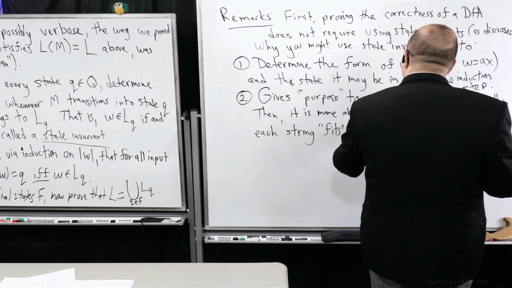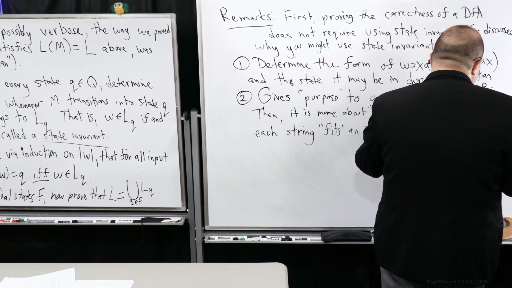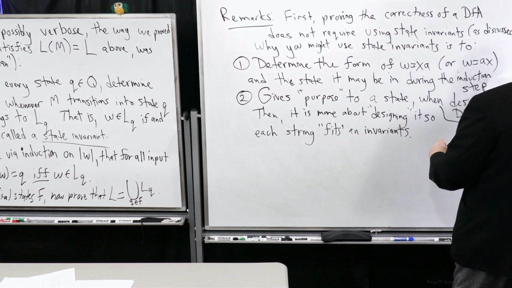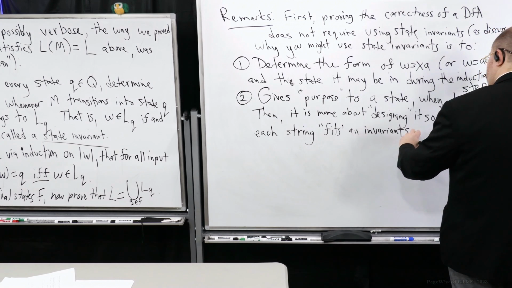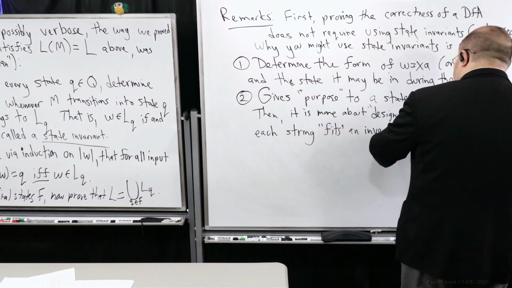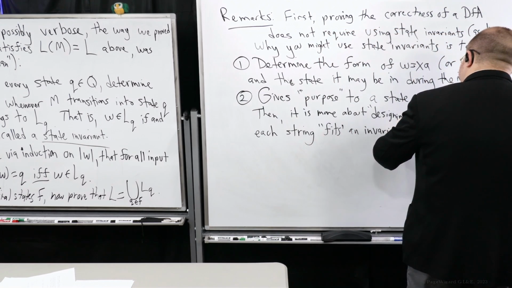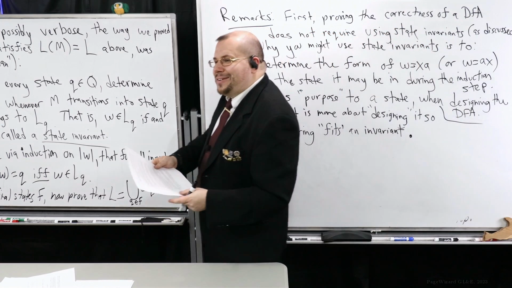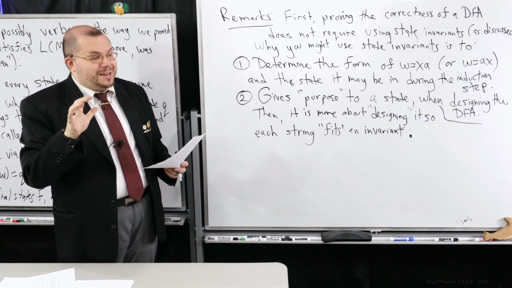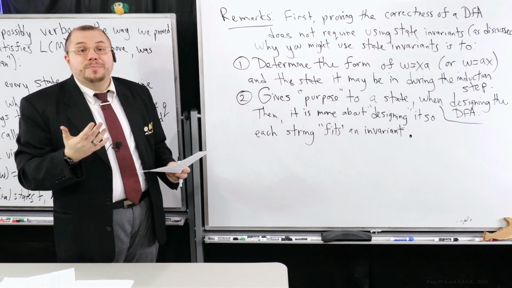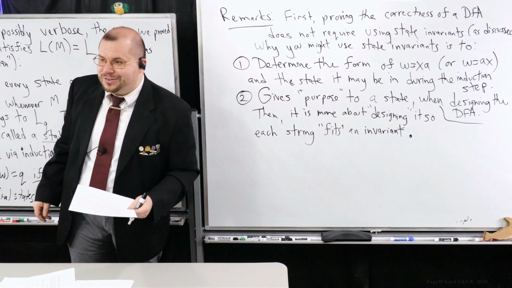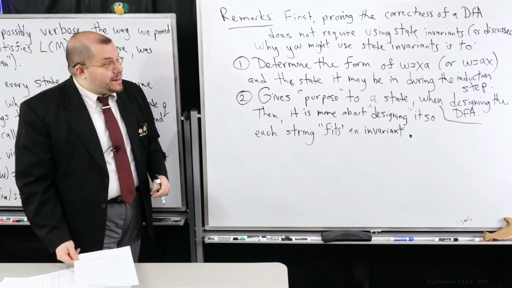You don't want to have it where one string maps onto multiple invariants. You want to avoid having more than one. Each string fits an invariant. I should be clear, because you don't want it to satisfy three of them, then you aren't sure which state it might be in, and you have to exhaust those possibilities potentially, or it may be too hard to tell using induction what's going on, depending on what your DFA is like. Either way, it's going to give you a much harder time.